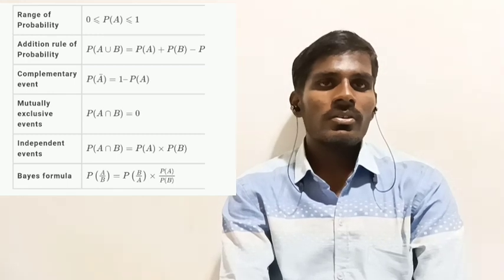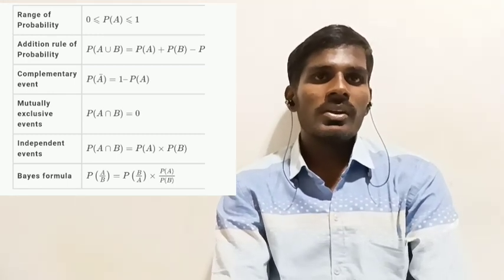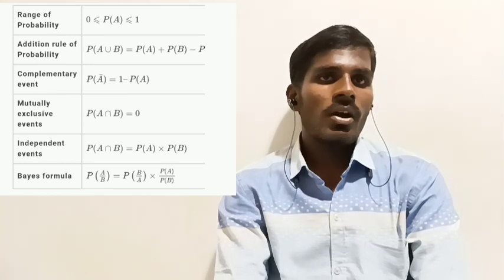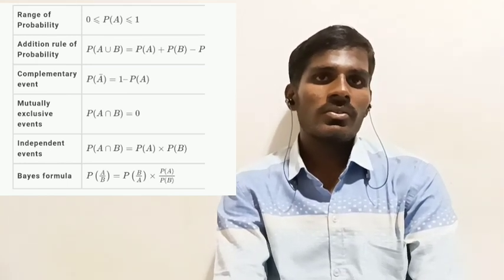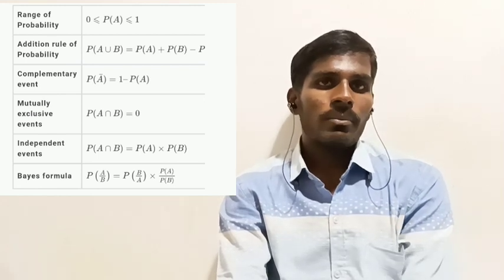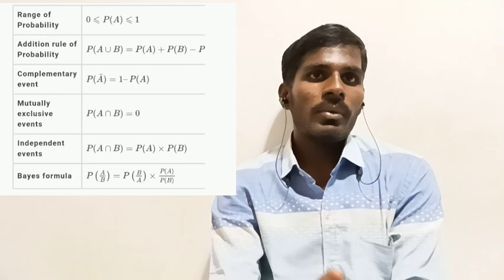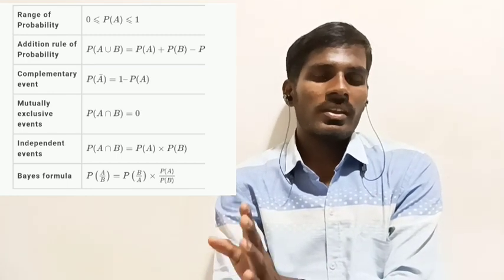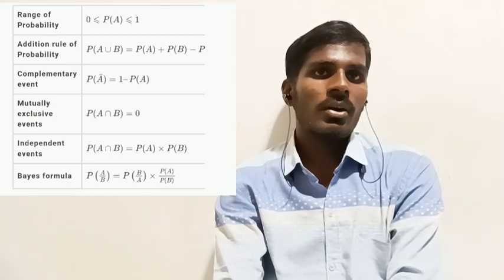Equally likely events: in a dice, the probability of getting 5 and the probability of getting 6 are equal. Complement events: the probability of an event plus the probability of its complement is equal to 1. To get the complement of the event, we subtract the probability of the event from 1, that is 1 minus P of A.